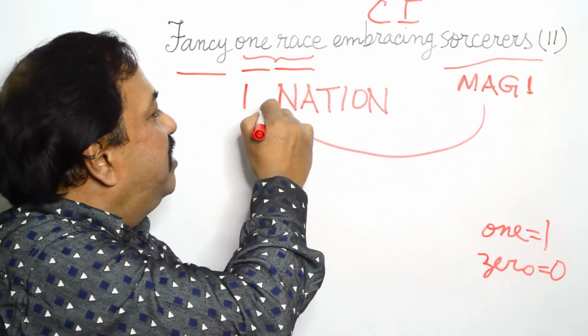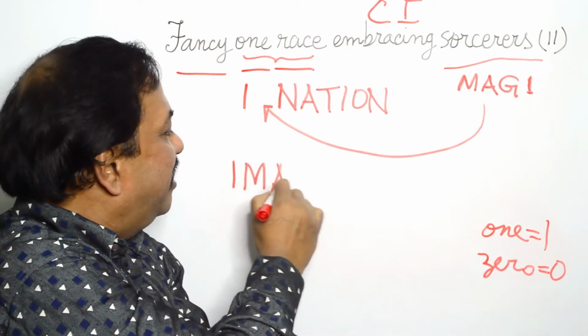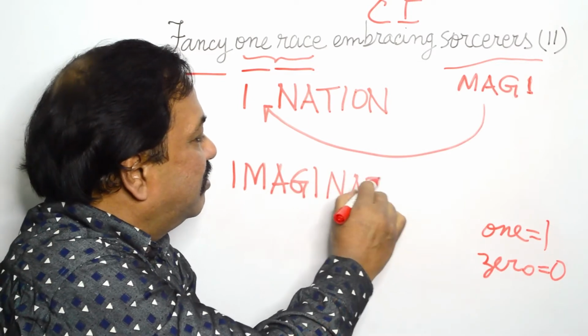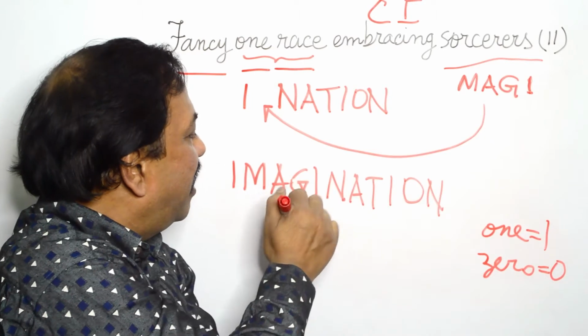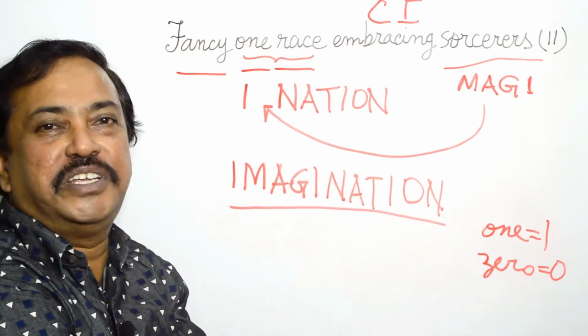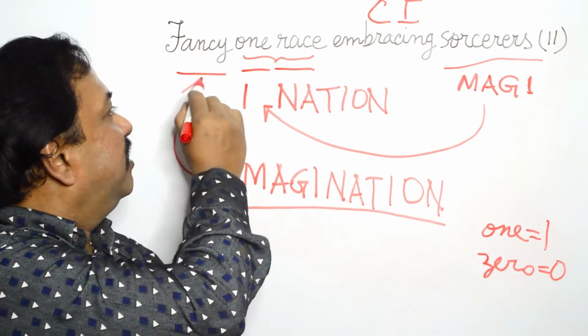So Magi is coming here, and we are getting I, and then Magi, and then nation. And the word which we get here is imagination, which is a synonym of fancy, our definition.